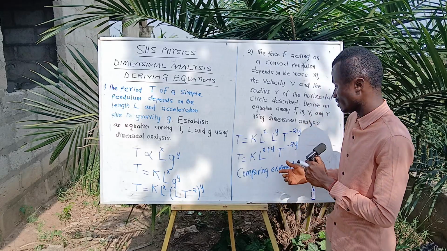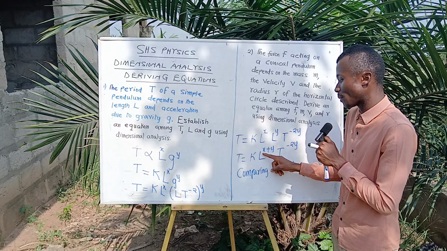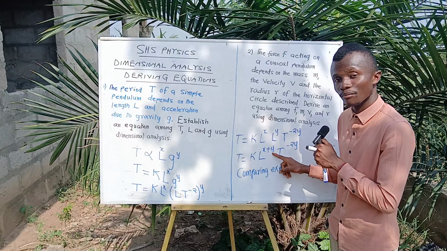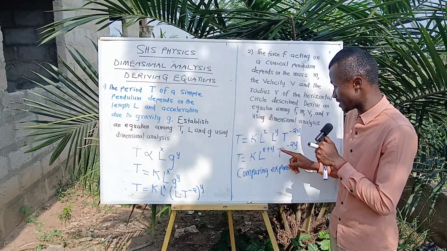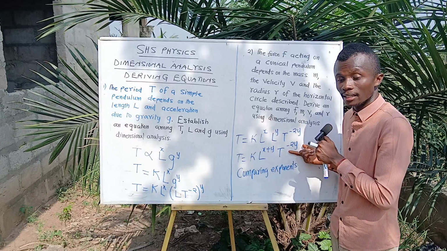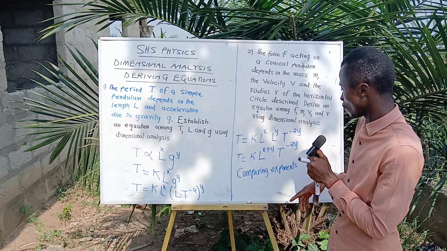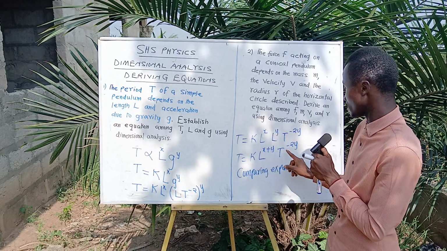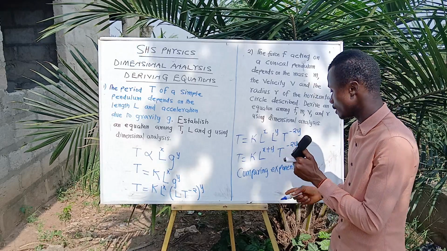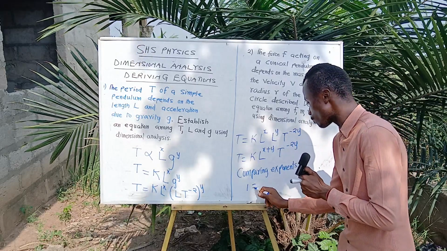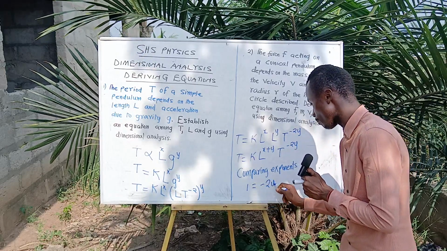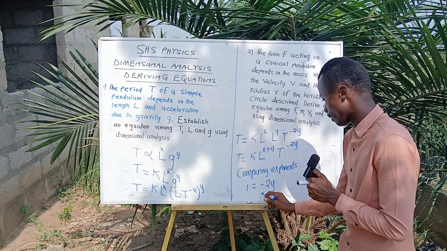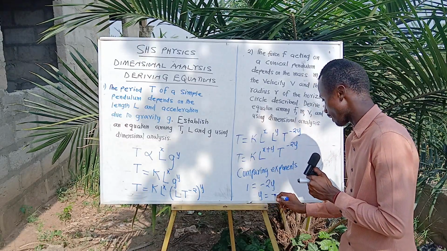So here, let's not compare the powers of L first, because it contains x and y. But if we check T, T only contains y. So comparing the exponent of T, this T is to the power 1, this is to the power negative 2y. So 1 is equal to negative 2y. I got that from the T. For that matter, y is equal to negative half.